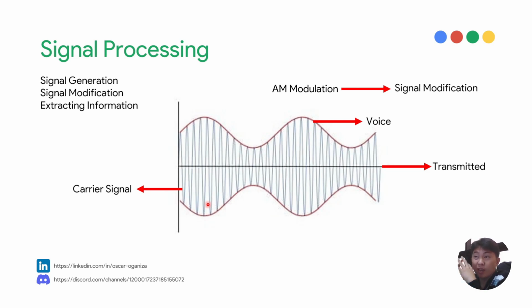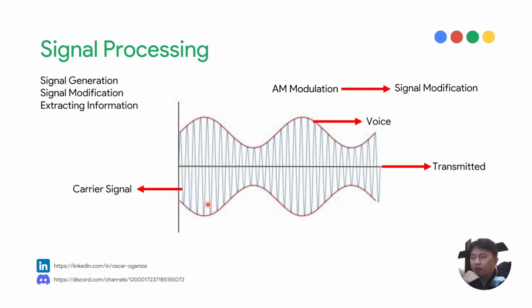So that's how you process signals, from the time you generated it using your voice, and it is transmitted over a channel through modulation. Either you improve the quality of the voice or improve the quality of the data being transmitted and received by the radio antenna.